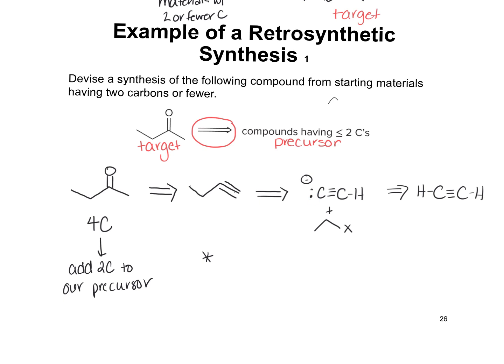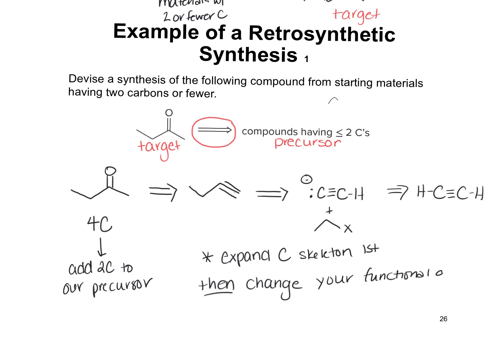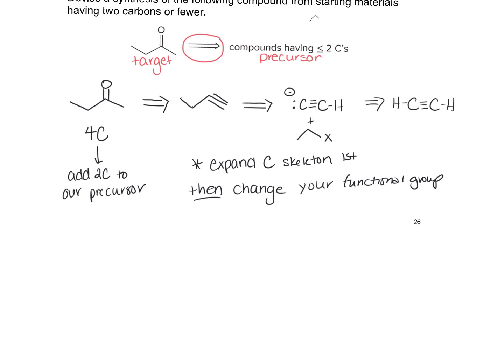So not always, but sometimes, most of the time, you want to expand the carbon skeleton first and then change your functional group. Because once you get rid of that triple bond, you lose all your reactivity. And so you don't want to do that at the beginning, okay? Because you want it to be there and to be able to react.